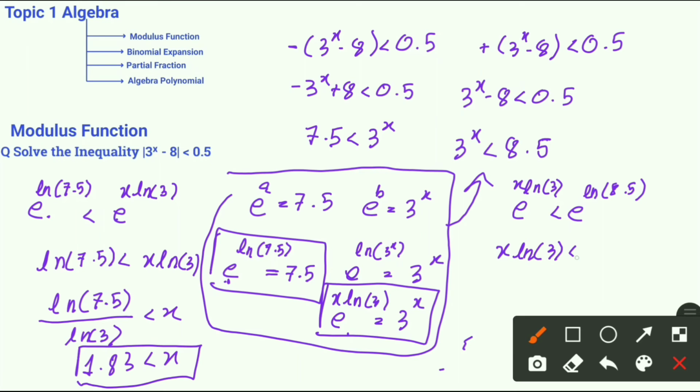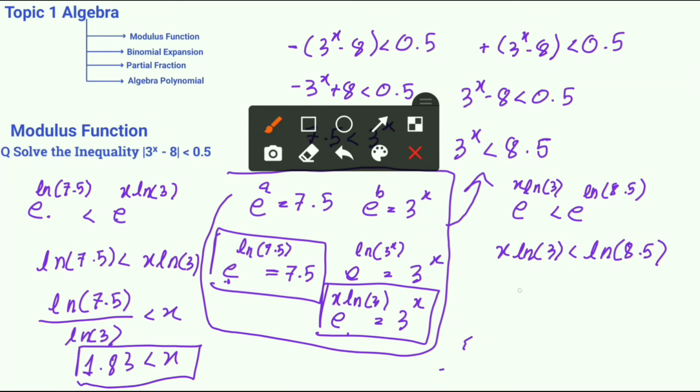So x ln 3 greater than ln 8.5. Now divide ln 8.5 by ln 3. Using a calculator, it's 1.95 as the answer. Okay, congrats.